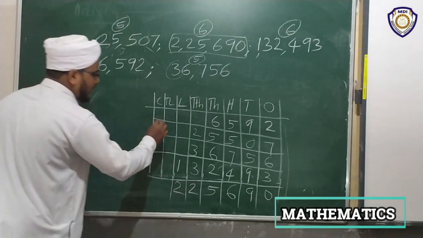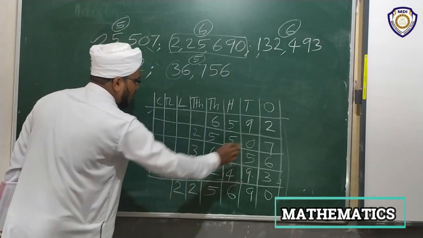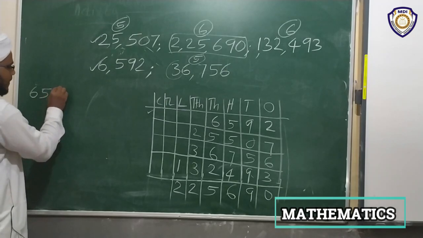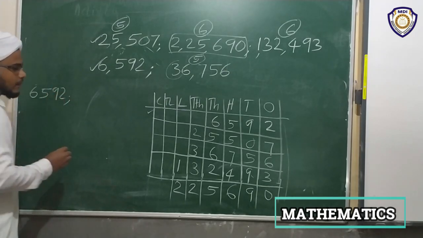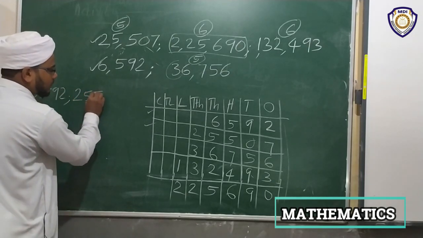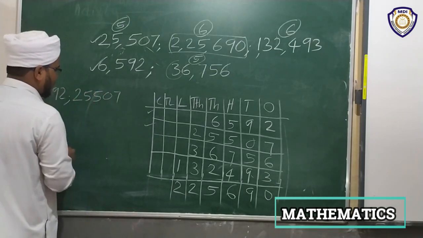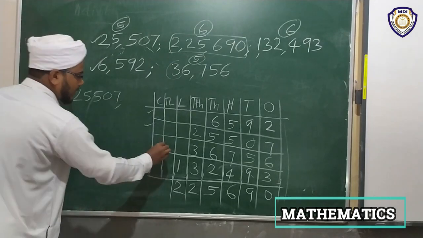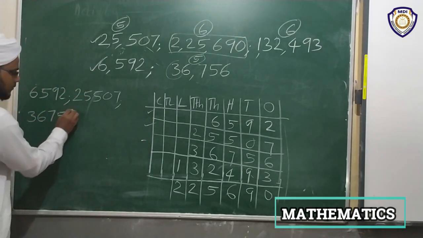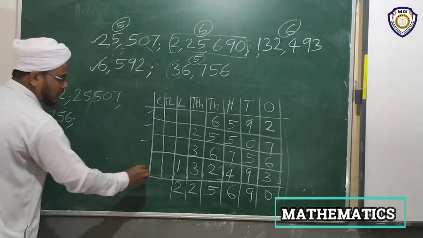First we take this row, we write here. Then we take this. Then we take this. Then we take this.